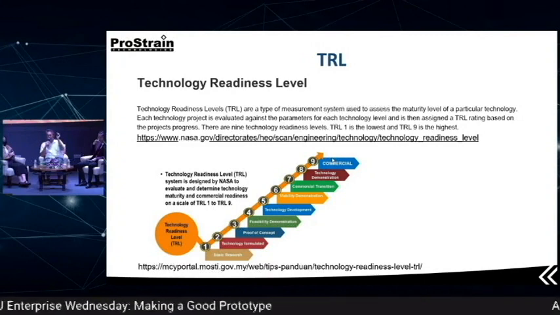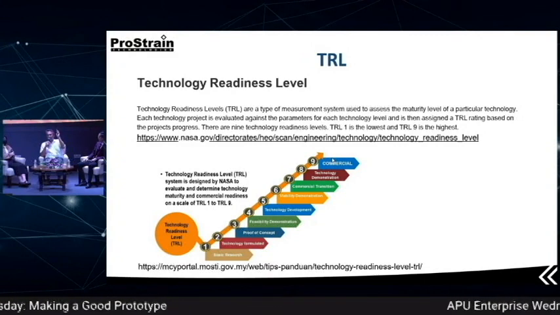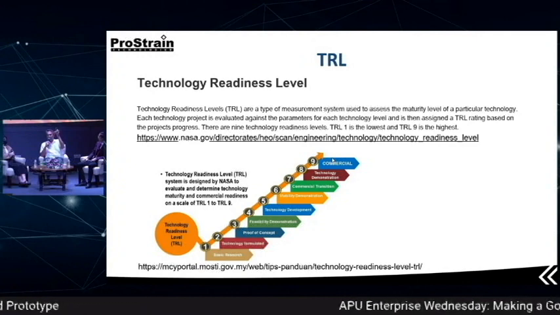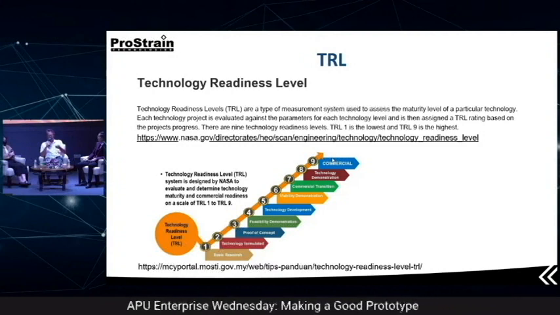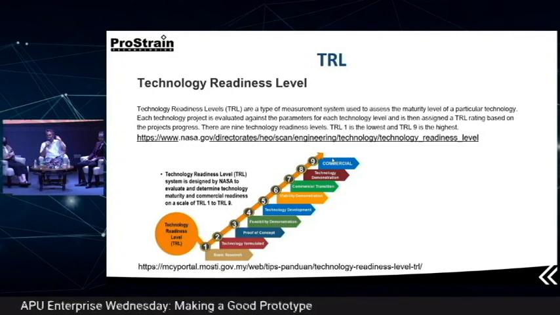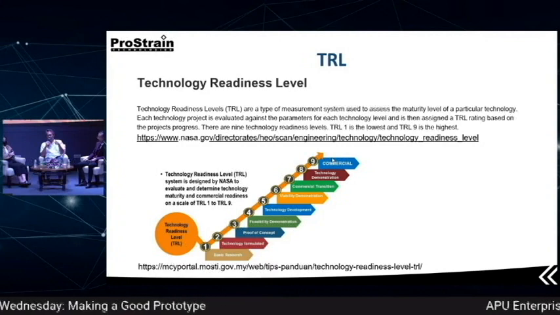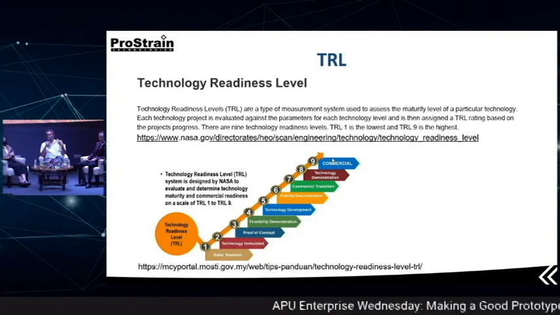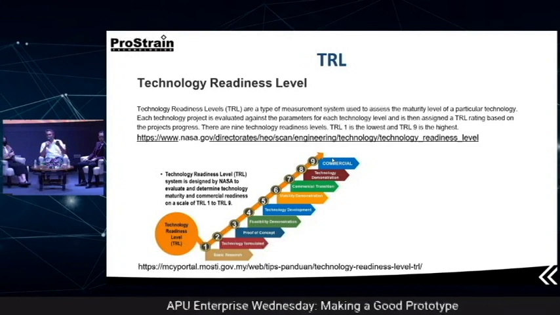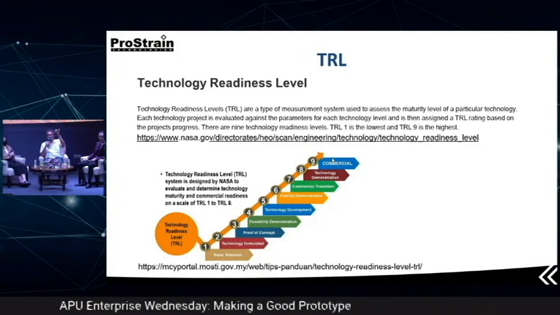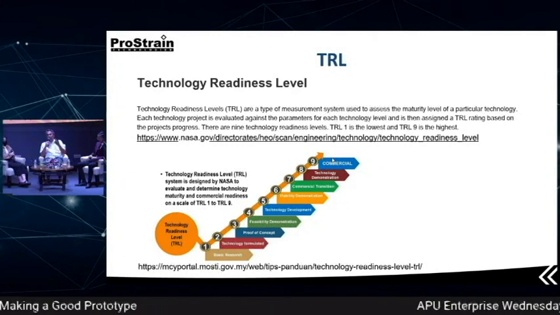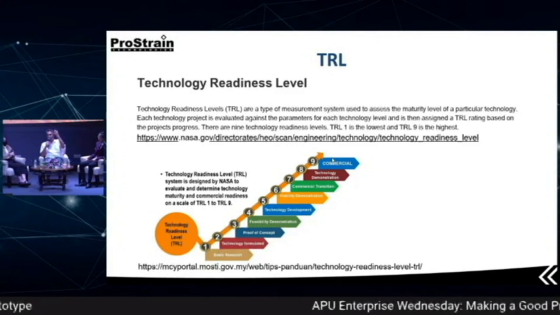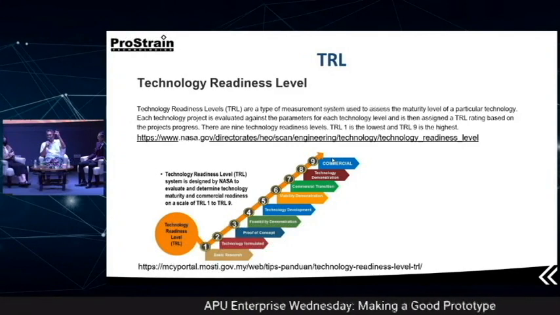So a prototype is defined in terms of TRL. As you can see in the picture, you can read the definition of TRL, which is how you assess the level of the prototype. For a product, it is normally already at TRL 9.